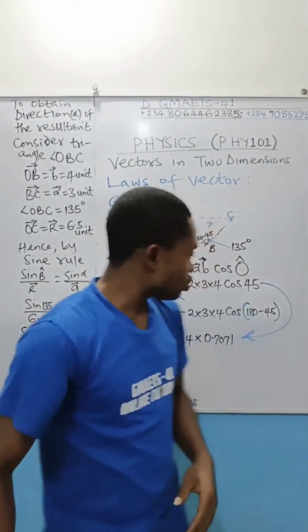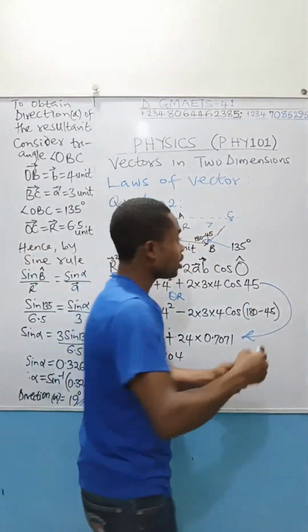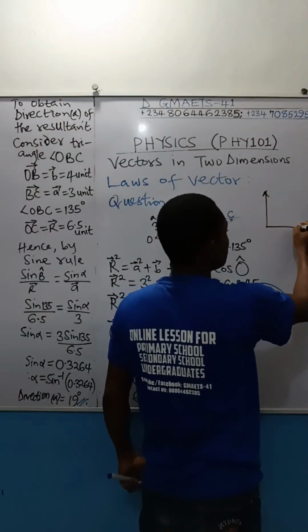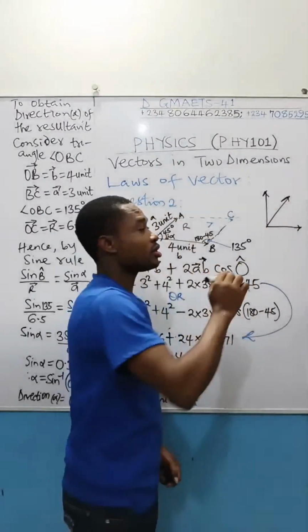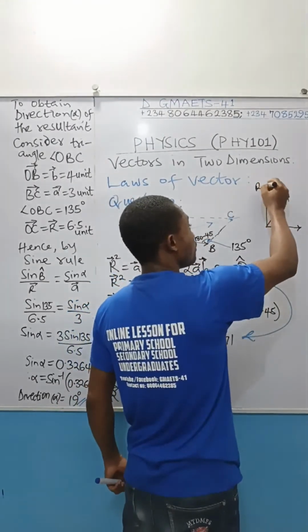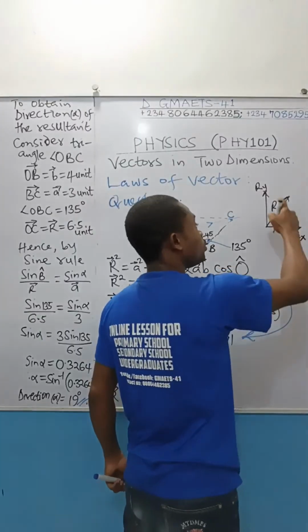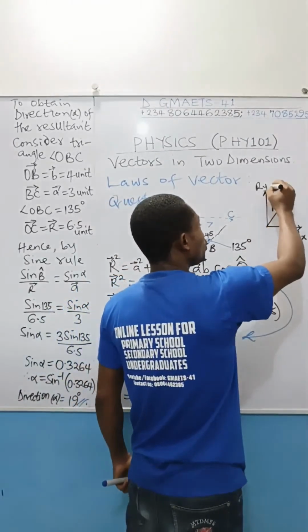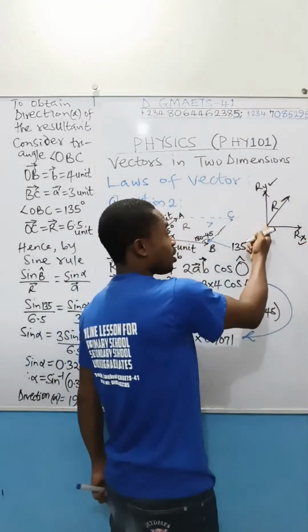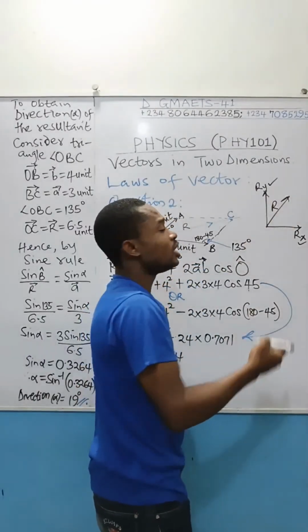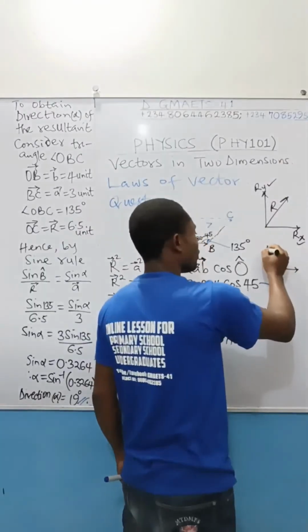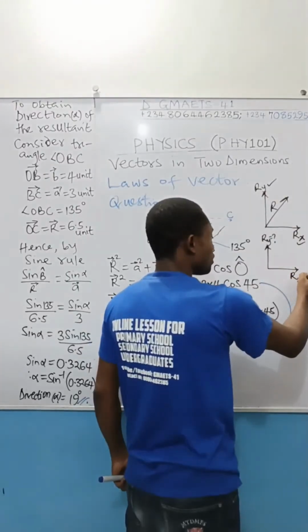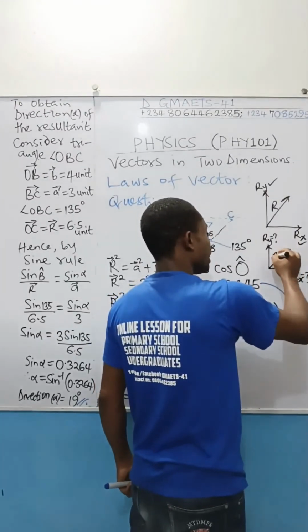Remember the Pythagoras question we solved today was one in which you were given a vertical vector and a horizontal vector, and then you were asked to find the resultant. So you know RY, you know RX, and you find the resultant. Now, what if you are given the resultant, the diagonal, but you don't know these components?